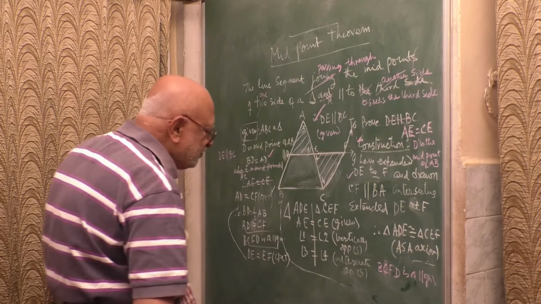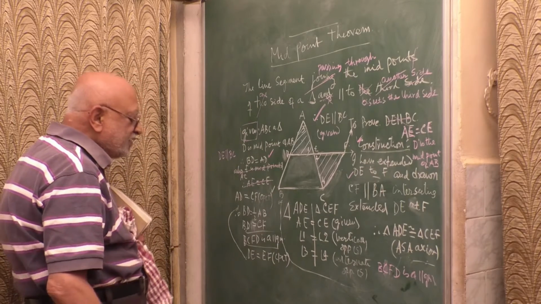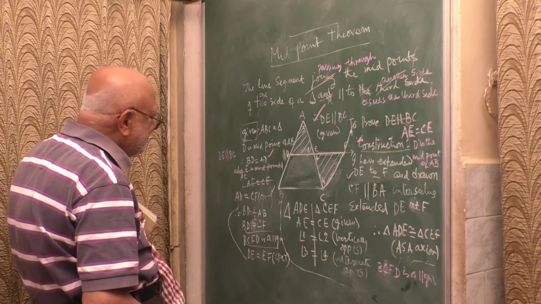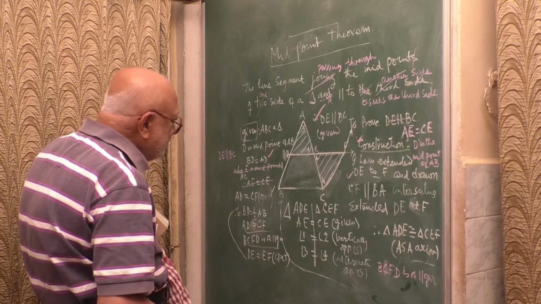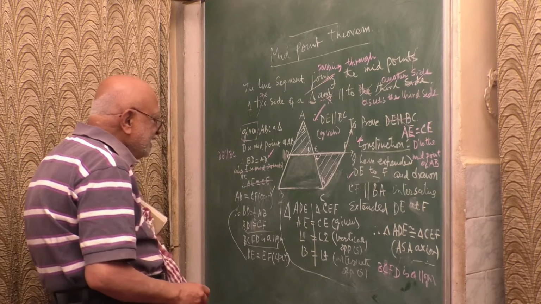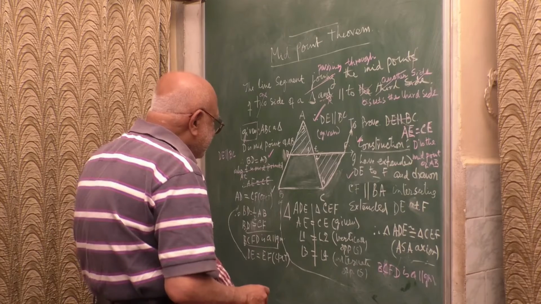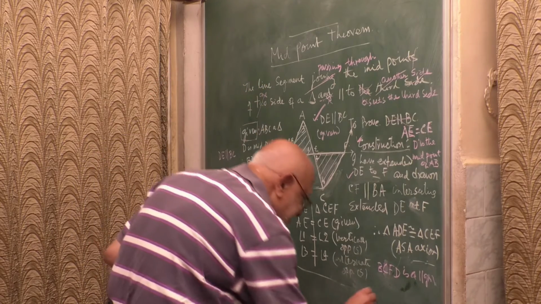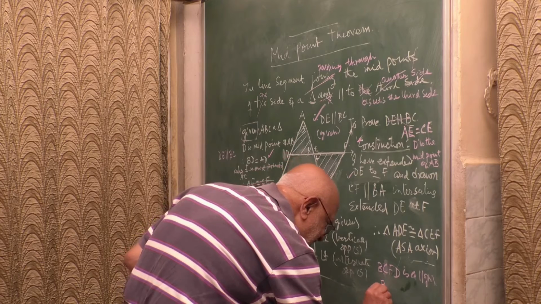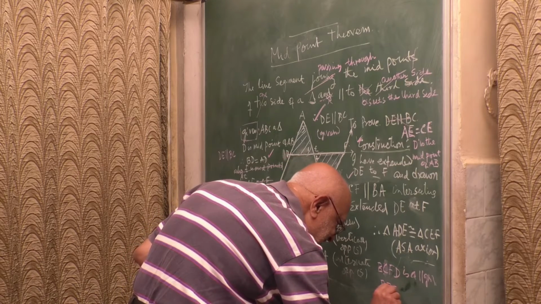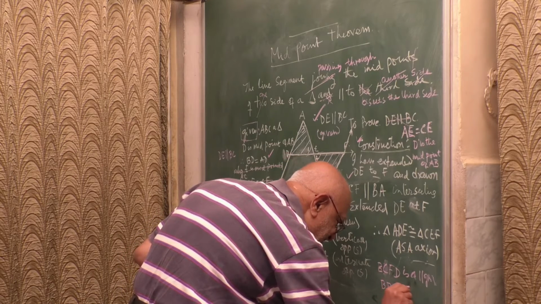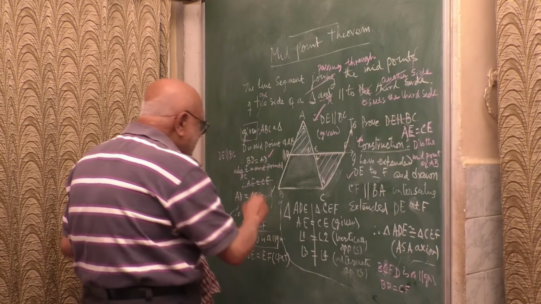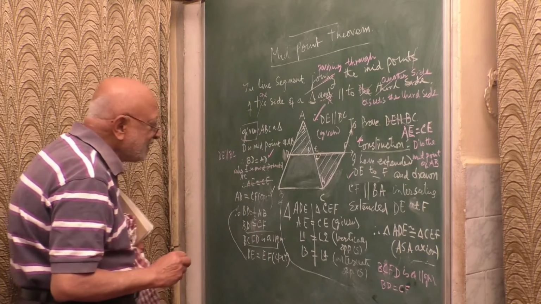So we will get that. If BC, FD is a parallelogram, then we can say BD is equal to CF. Therefore, BD is equal to CF.